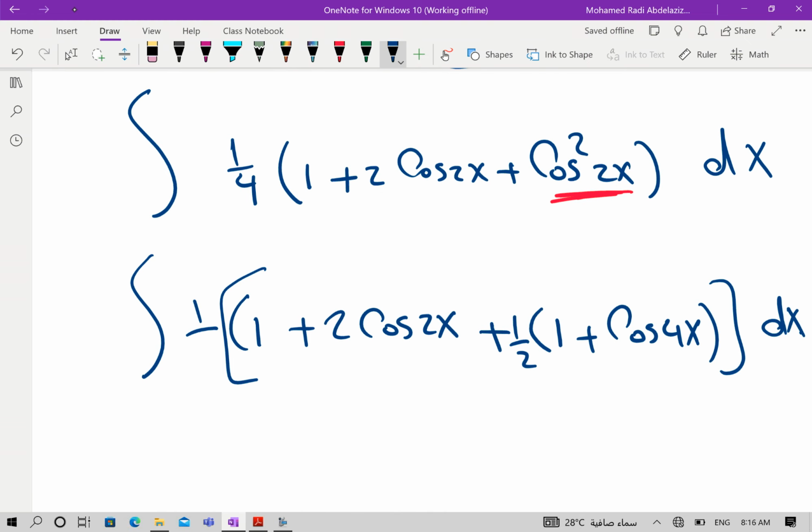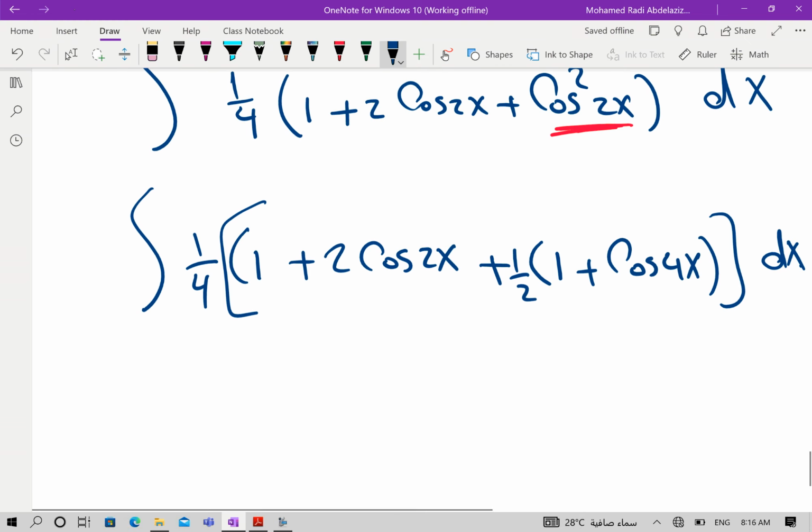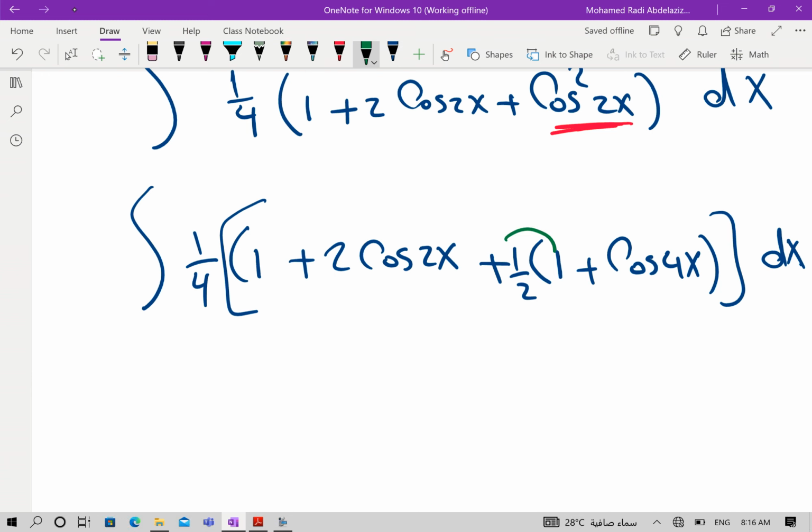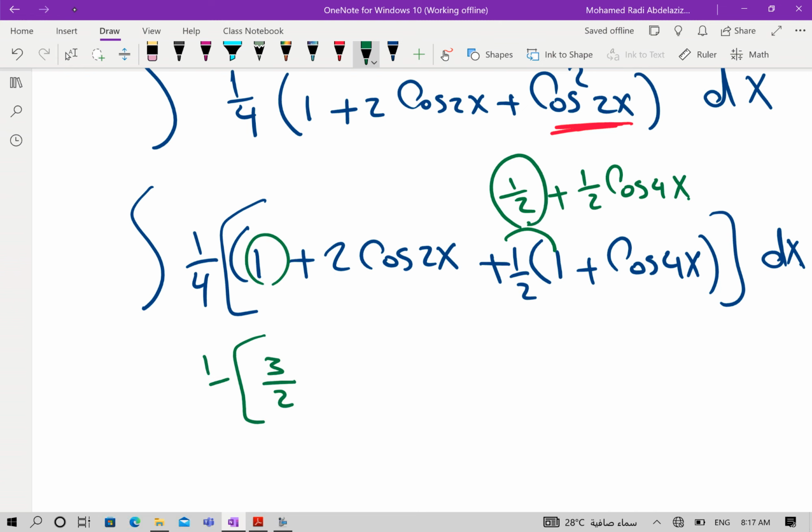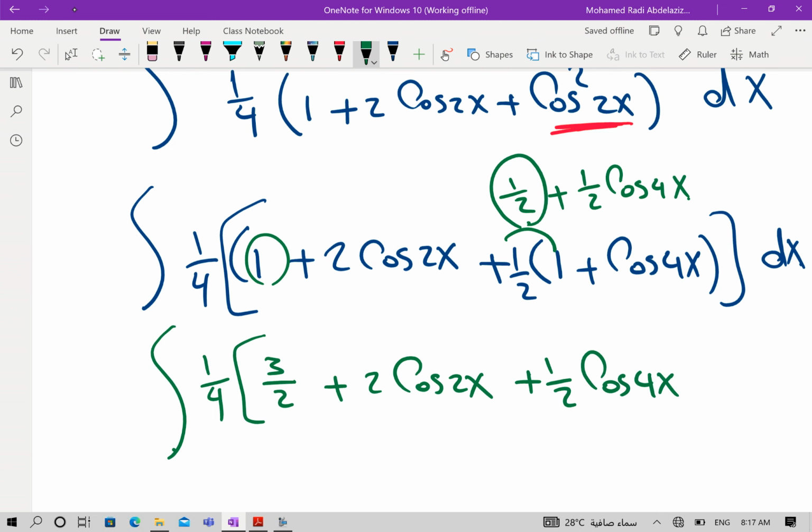Correct. Now, if you expand this part, we will have cosine 4x. 1 over 2 plus 1 is 3 over 2, plus 2 cosine 2x plus 1 over 2 cosine 4x by dx.